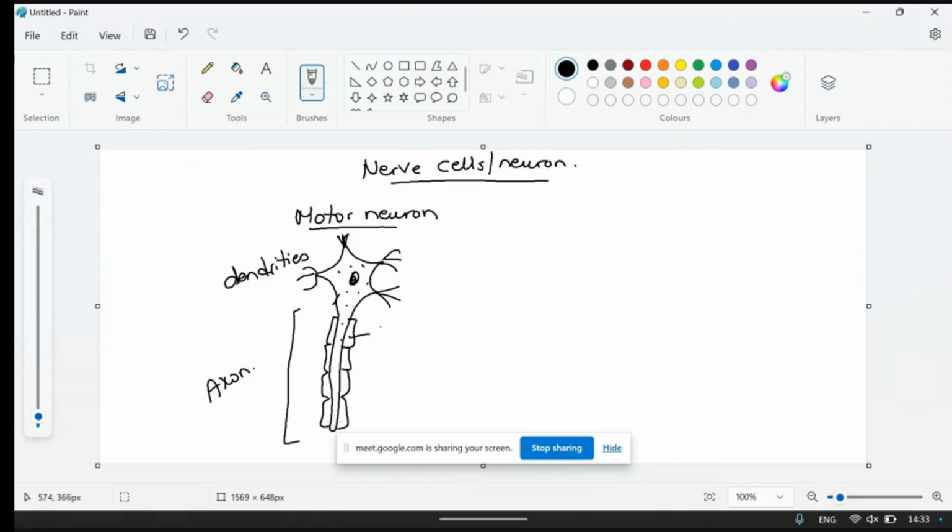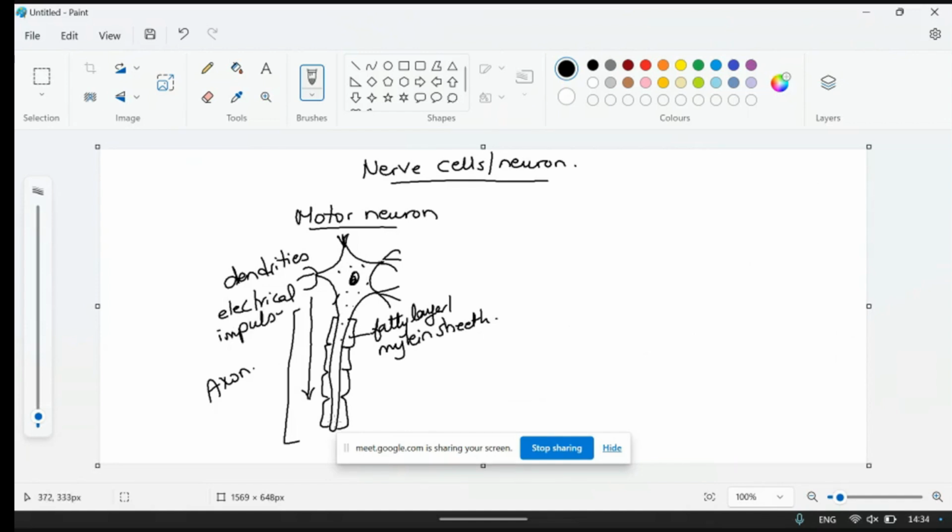This fatty layer has a name, which is called the myelin sheath. What is the function of the neuron? In this type of neuron, electrical impulses move along it from the head downwards. Electrical impulses are like electricity.